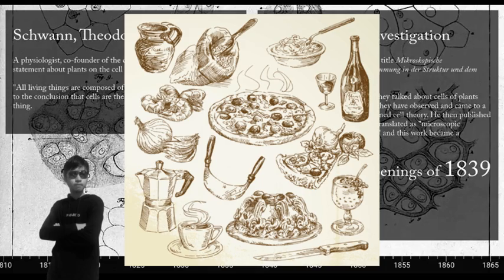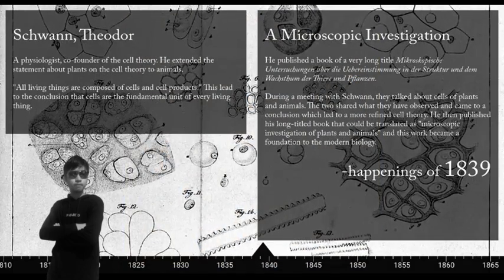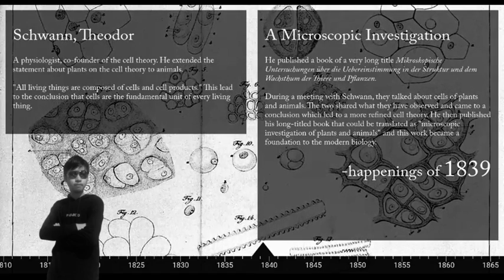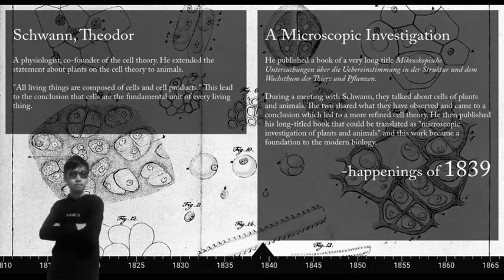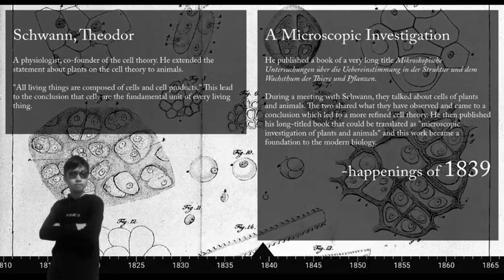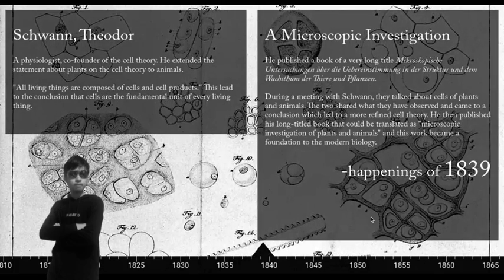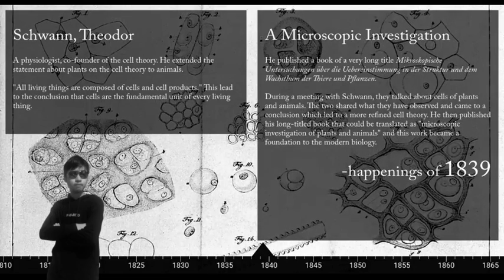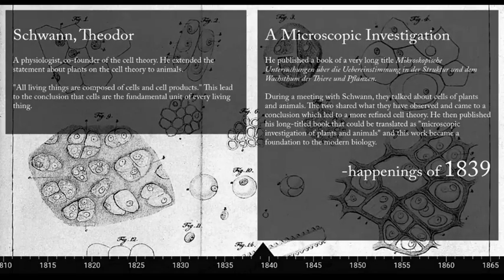And you guys are talking about cell theory like it's the normal thing to talk about. Long story short, these guys took dinner together and shared what they have observed, and they realized, hey, so plants aren't just the ones made out of cell, right? It also includes animals. Here we can already say all living things are fundamentally made of cells. So they published a book about that.